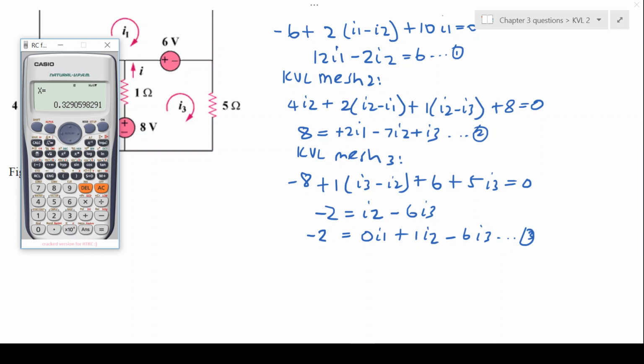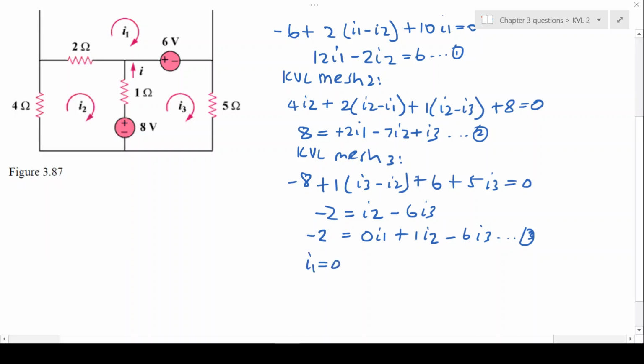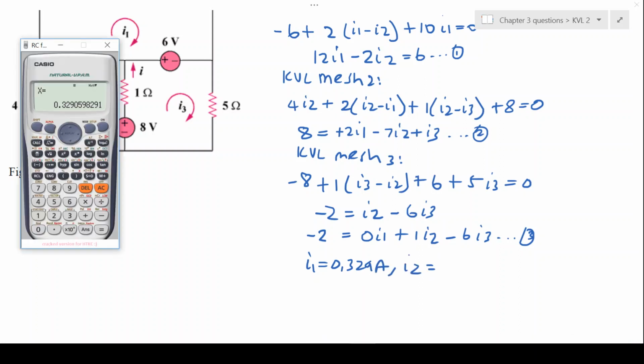The first current is given as 0,329, so I1 is equal to 0,329 amps. I2 is given by negative 1,025 amps.